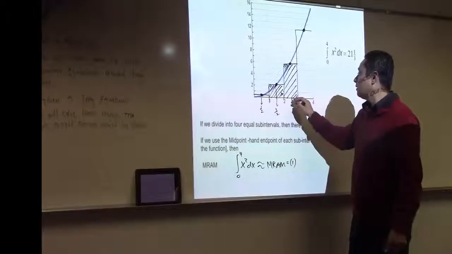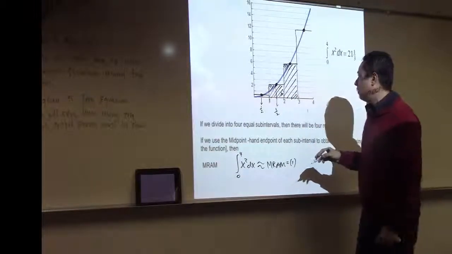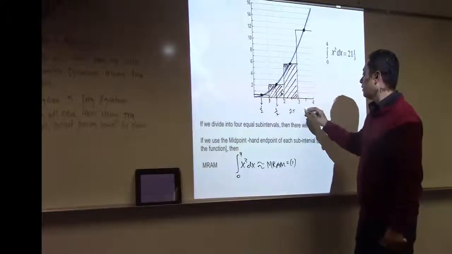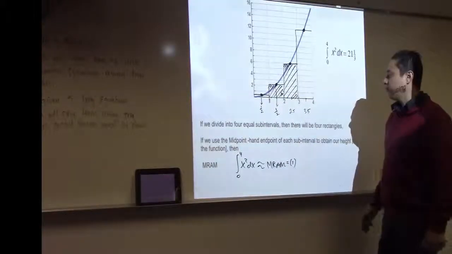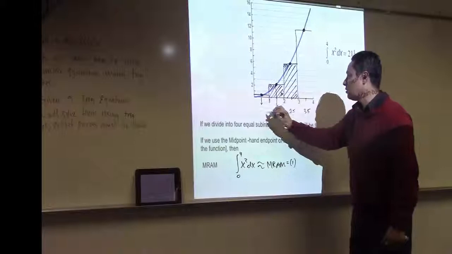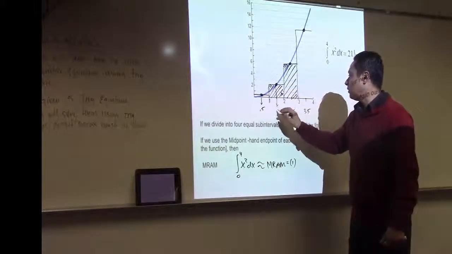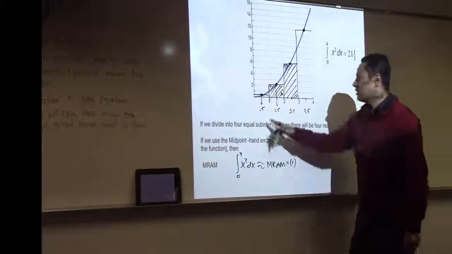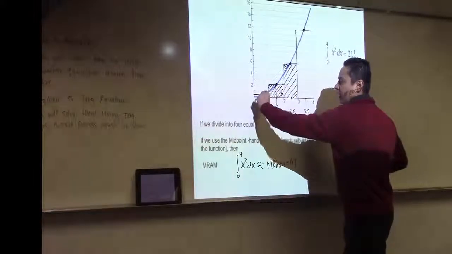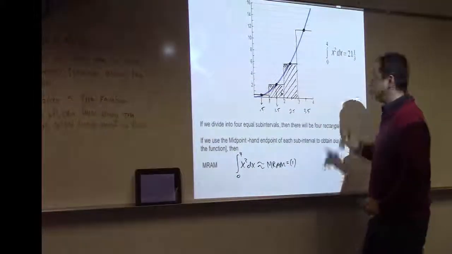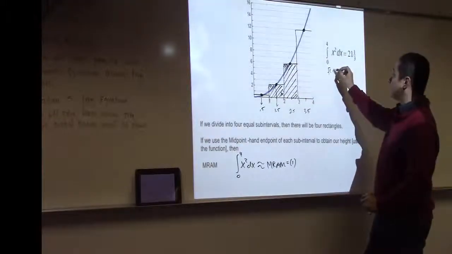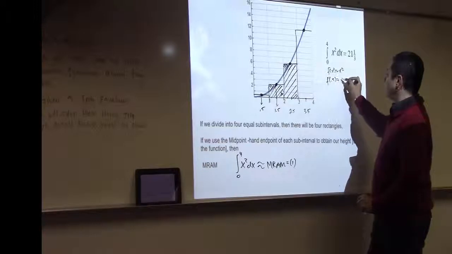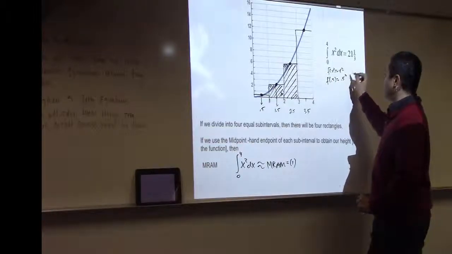So this one is, where the dot is, 3/2. And this, you can do decimals too if you want. 2.5. And for the last one, 3.5. Right? Let's do decimals, it's probably easier. 1.5. So first rectangle is going to be a width of 1 and height of f of 0.5, which is equal to 0.5 squared.